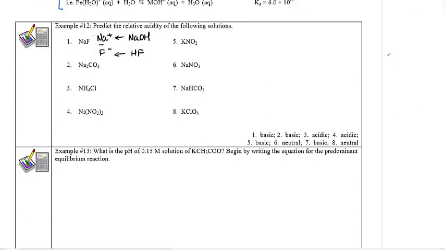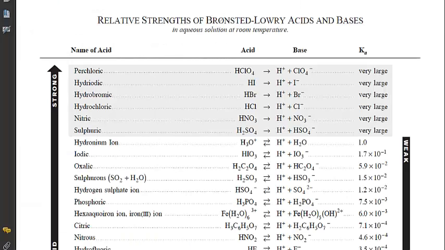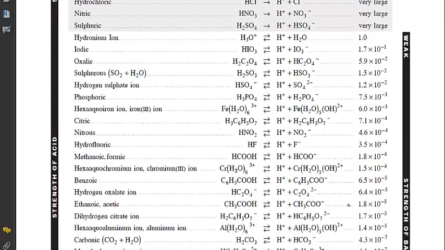Now, when we take a look at the fluorine ion, we analyze it to come from HF. When we take a look at the HF and at our data chart, what we can see is that HF is a weak acid. And consequently, the conjugate base, in this case the fluorine ion, is going to be a stronger conjugate base.